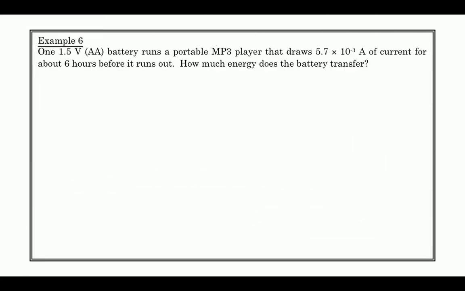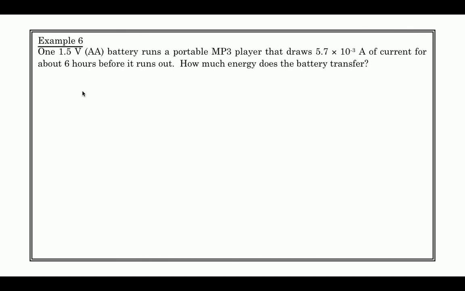So here's a very typical example. A 1.5 volt battery runs a portable MP3 player. That MP3 player draws about 5.7 milliamps of current for about 6 hours, and then that battery is going to die out. How much energy does that battery transfer?